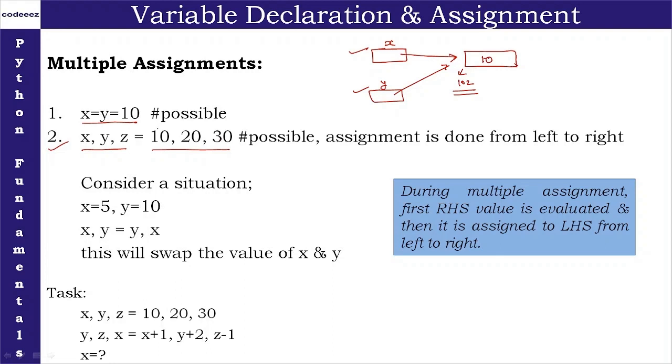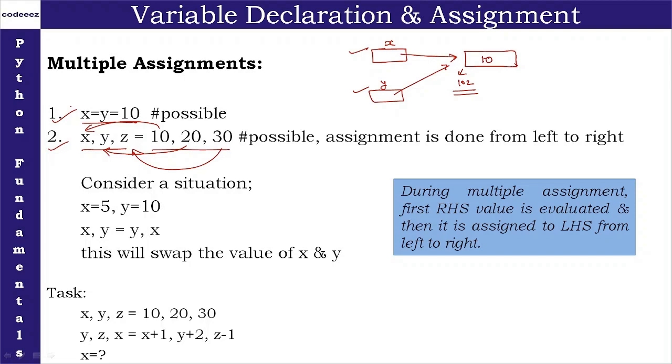First, the value 10 will be assigned to x, then 20 will be assigned to y, and then 30 will be assigned to z. So this is the order of the assignment, how it takes place. Okay, so it is possible, and the assignment takes place from left to right. So this was about multiple assignments.